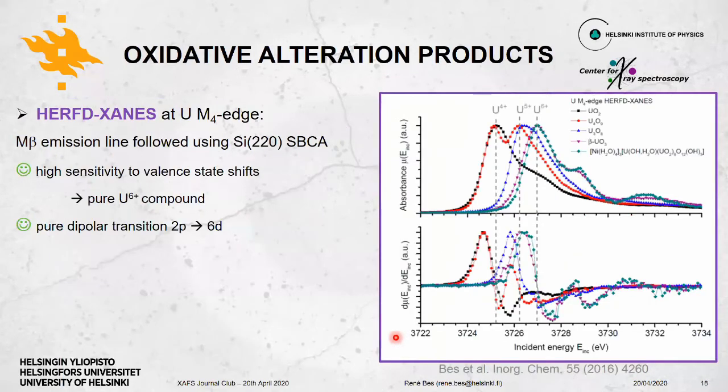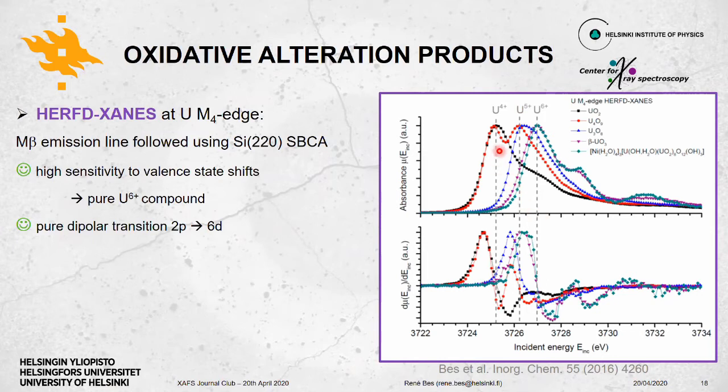Because of the quadrupolar transition, the resolution of the valence state is less good than expected. So we tried to use HERFD at the uranium M4-edge, following the M-beta emission line. And you have the results we obtained here.